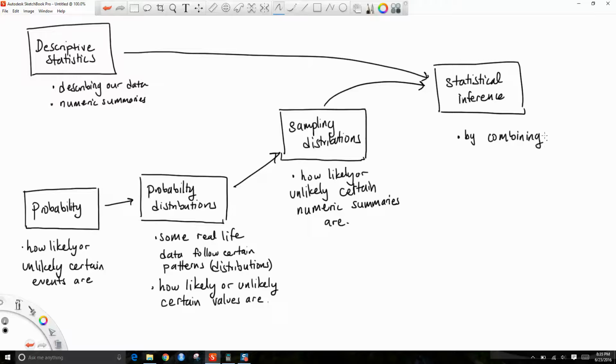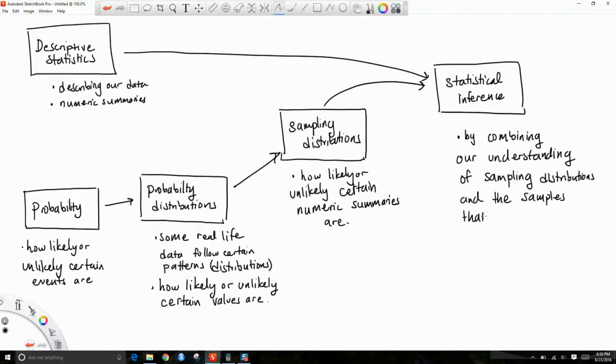By combining our understanding of sampling distributions and the samples that we see, we can make conclusions about the population.